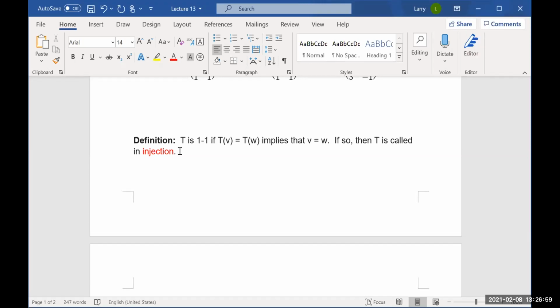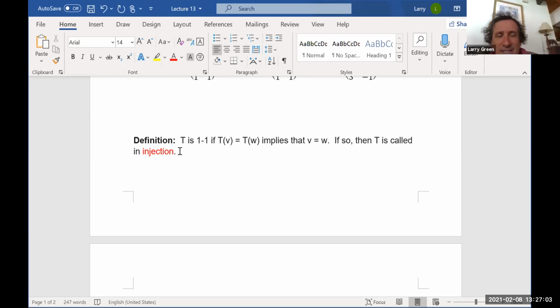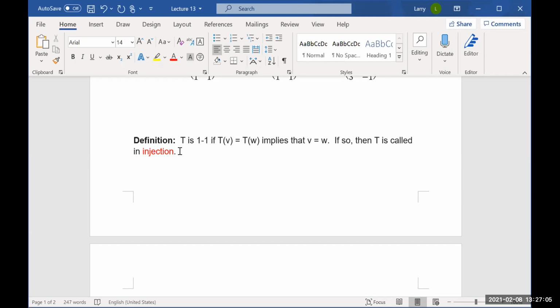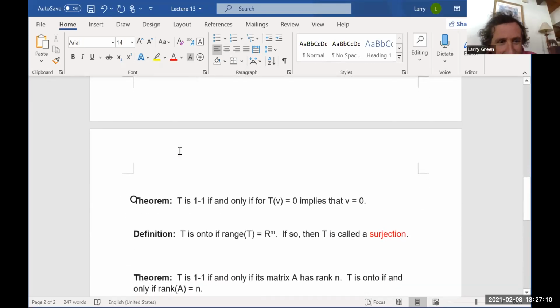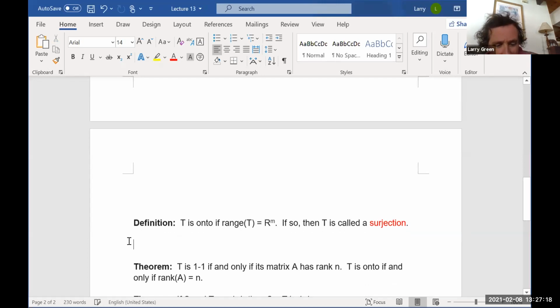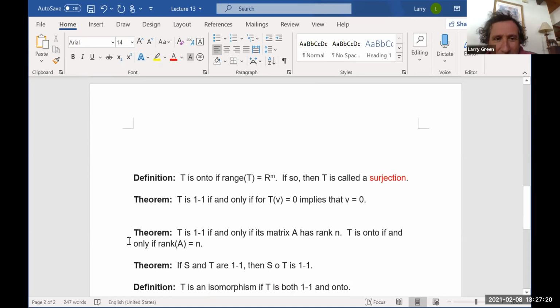Would it be ratio? It wasn't ratio. All right, maybe I'll tell you. Onto. Okay. And then maybe I'll do a theorem after. I think I'll put that after, because let's get into onto, because that's really what's supposed to be after one-to-one. So T is onto, let's make that red.